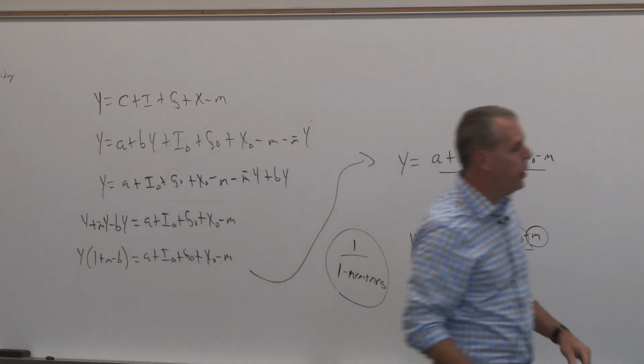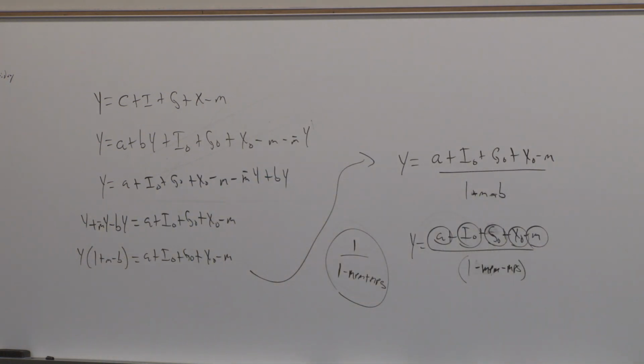So that you see here that for every single one of these changes, right? If our marginal propensity to consume is 0.9, and like I said, let's ignore the marginal propensity to import. Let's assume it's equal to 0. It's 1 over 1 minus 0.9, right? It's 1 over 0.1. Well, 1 over 0.1 is 10.